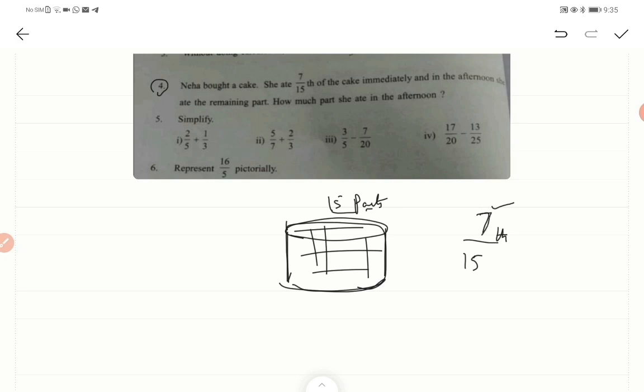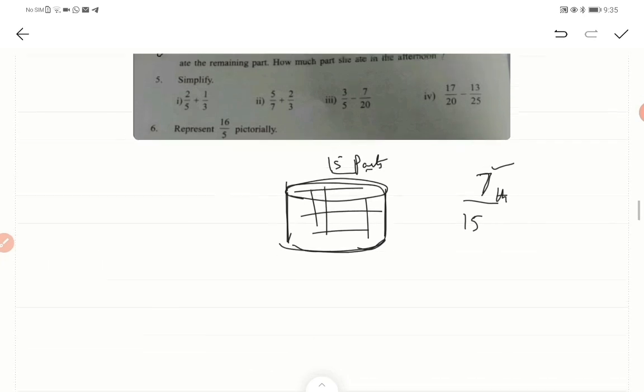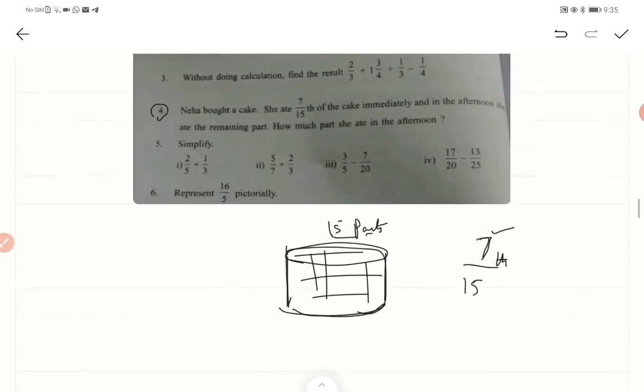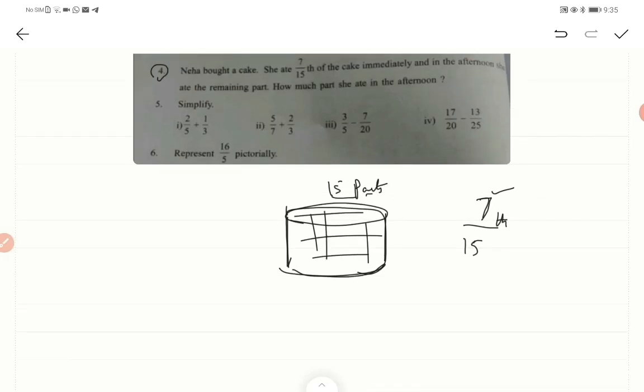So 7 by 15th part of the cake is eaten immediately, and in the afternoon she ate the remaining part. How much part did she eat in the afternoon? It's very easy. In the morning she ate away 7 by 15th part, right?